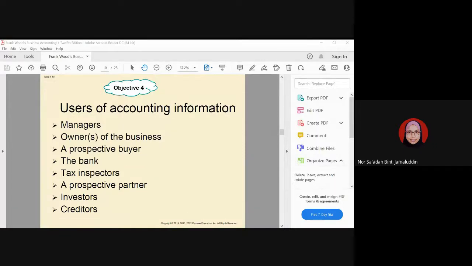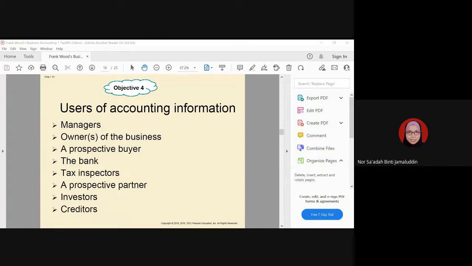Alright, next prospective partner. So prospective partner ni, let's say one company dia buat sole proprietorship, and then he or she decides to change their business into a partnership, so maybe dia buka tawaran untuk a prospective partner. The prospective partner will use the accounting information to make the decision either to get involved as a partner in an organisation or not.